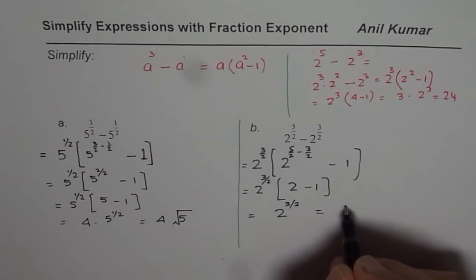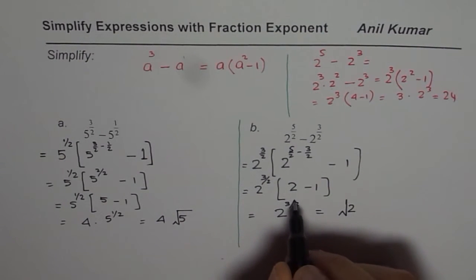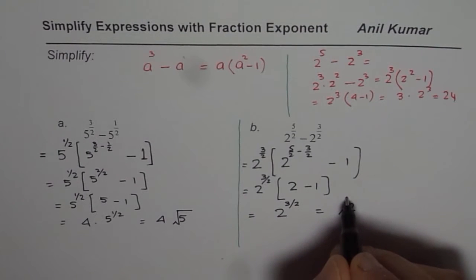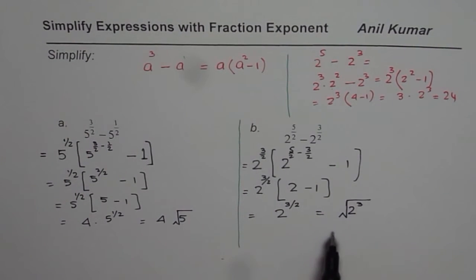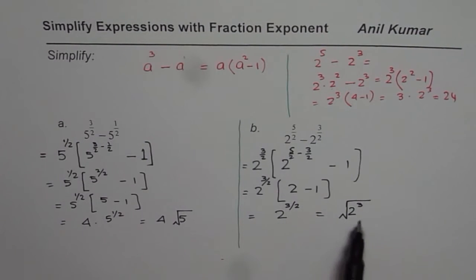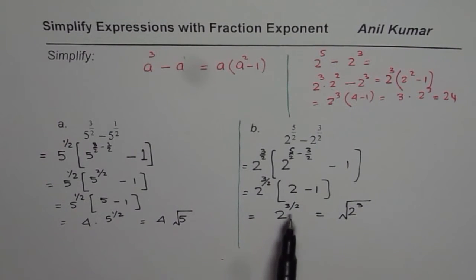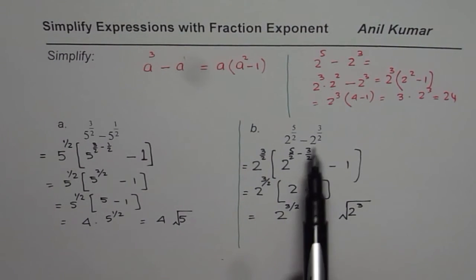So it could be written as the square root of 2, cubed. Do you see that? Cube. So you could write this expression in this fashion also. Either way, that is what it simplifies to. These are the steps involved to simplify.